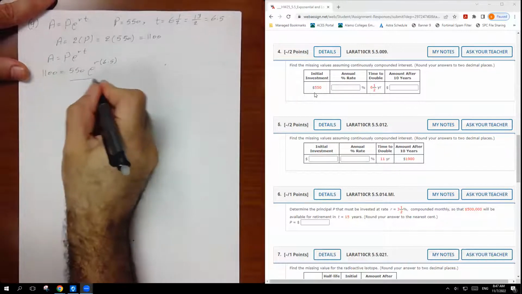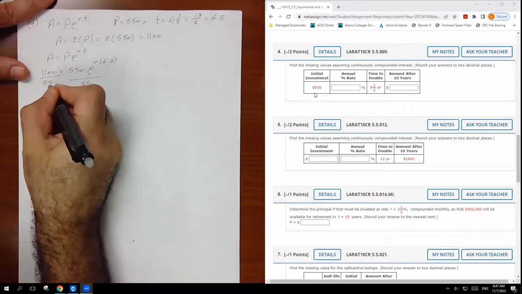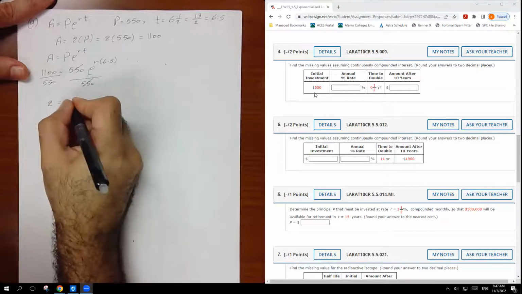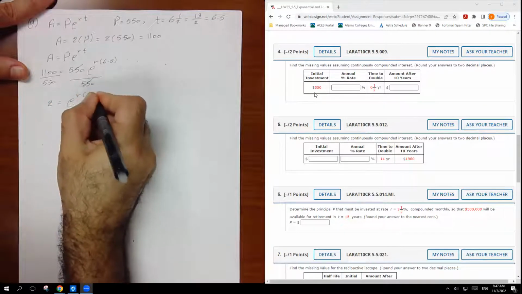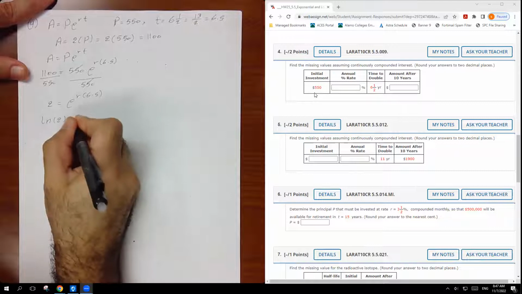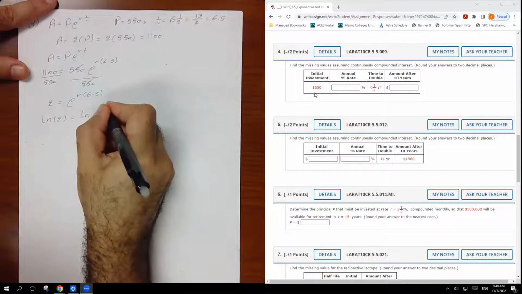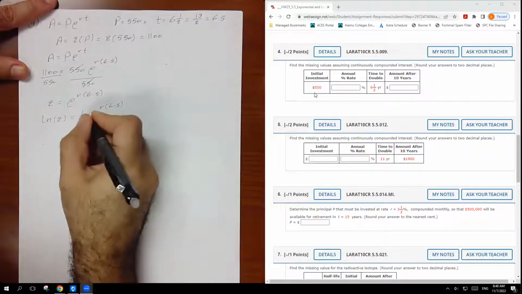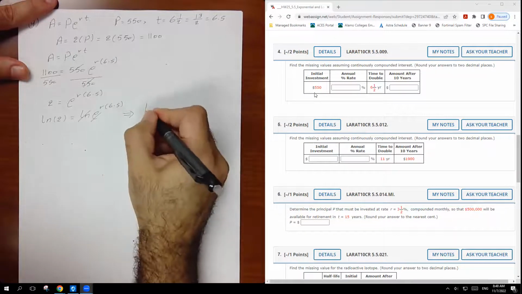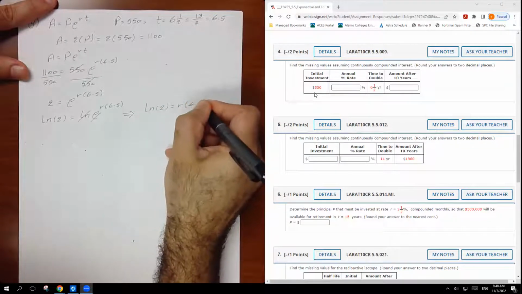So I'm going to divide both sides by 550. This is canceled. So here it's going to be 2 equals e to the r times 6.5. Take the ln of both sides. Cancel these. That means ln 2 is going to be equal to r times 6.5.